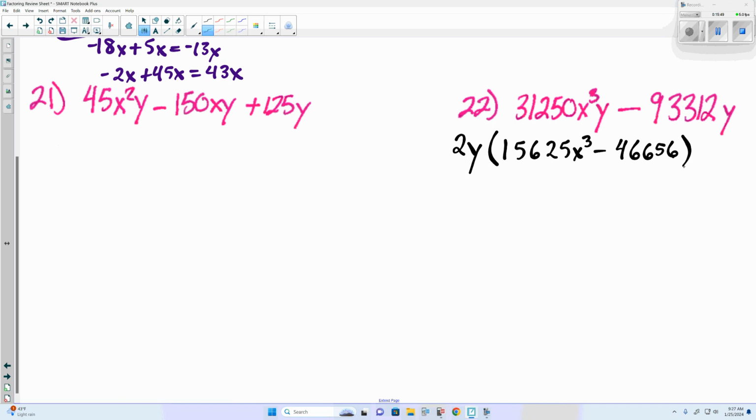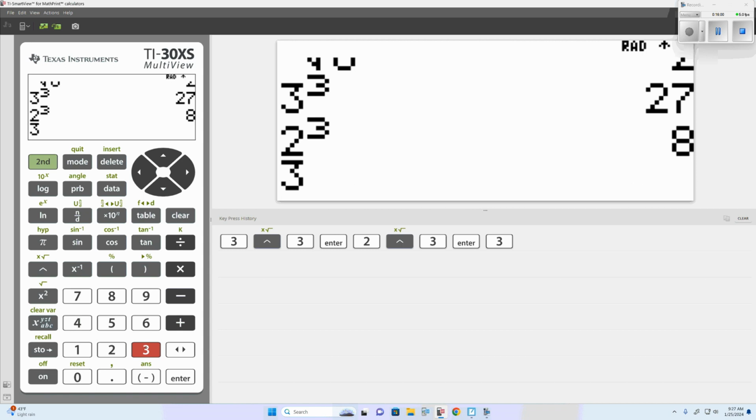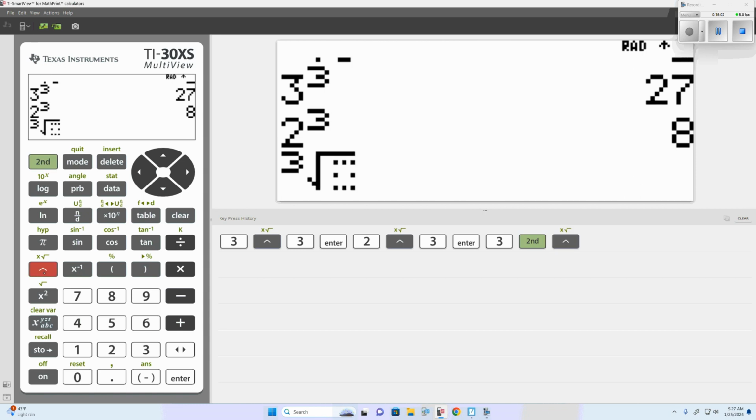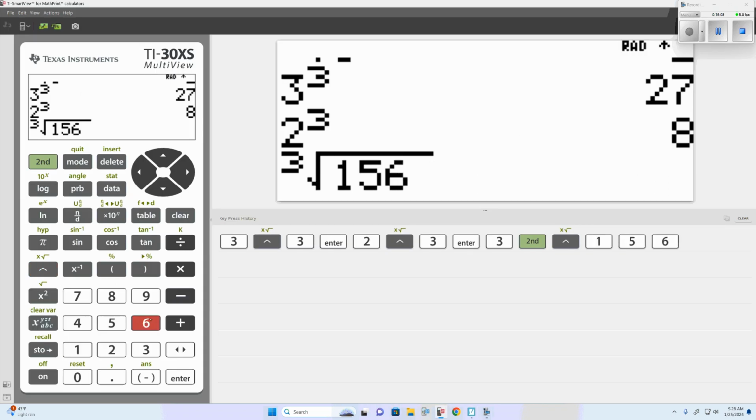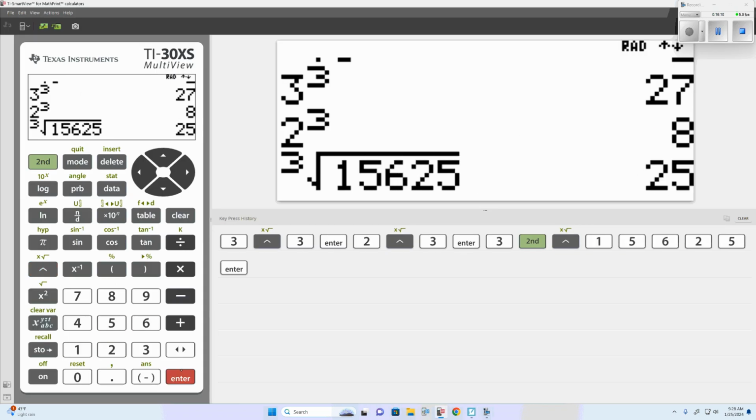Well, at this point, we know 2 is not a factor. And it might be hard to see these here. Well, what's 15625? 25.